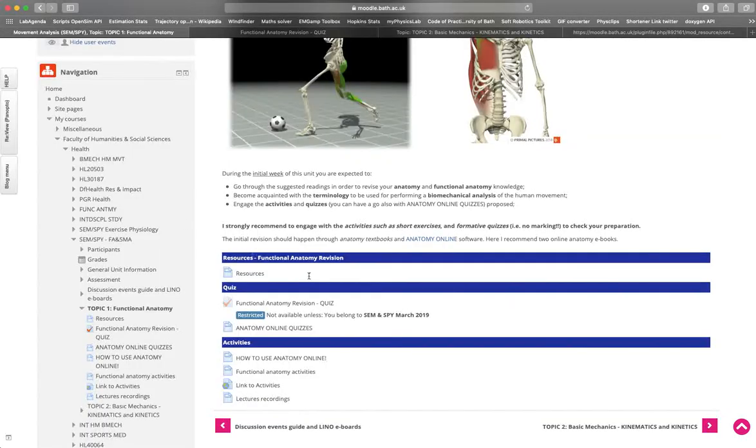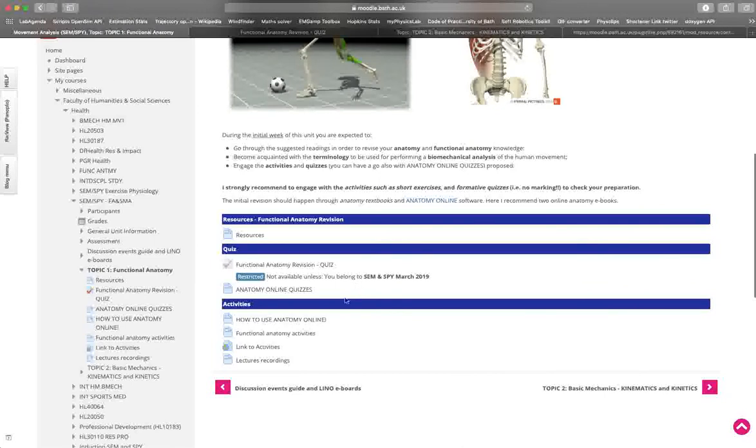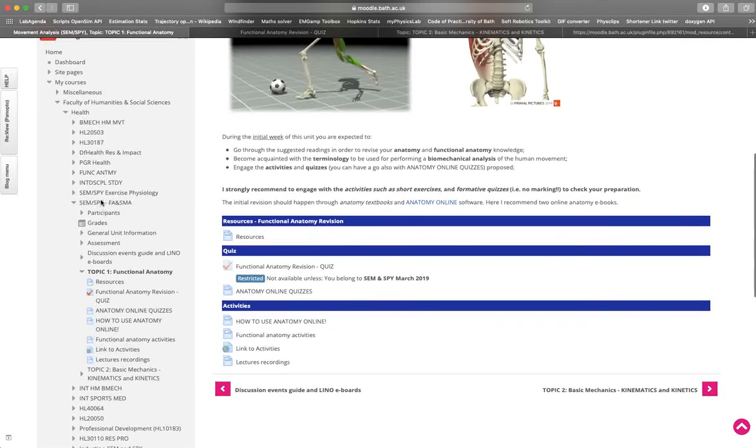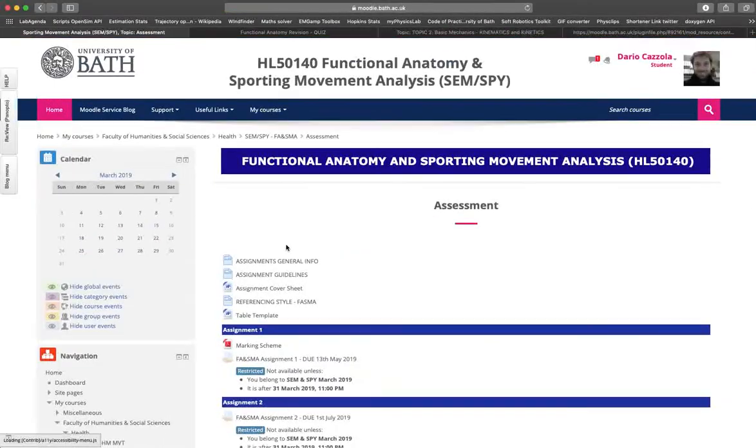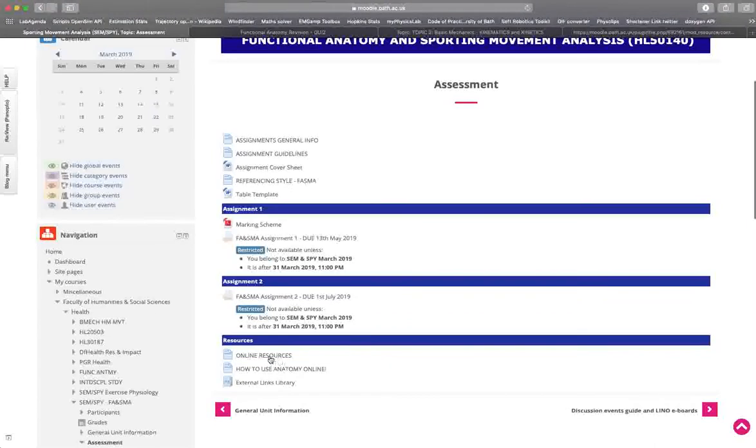Right, so I also updated the resources that you can have access to in terms of both functional anatomy and biomechanics and sport medicine. If you go back to the initial page, you can go to the assessment page here, and you can go to your online resources.